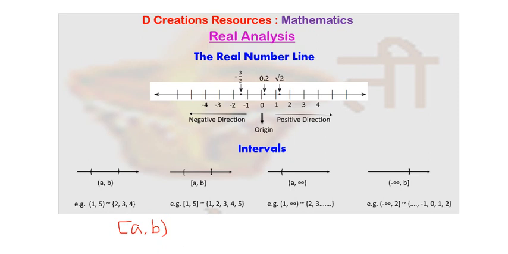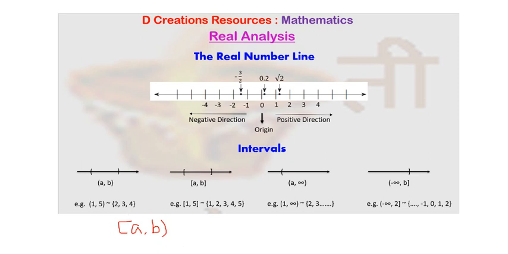Now what about the intervals which are written with infinity? So far, whatever intervals we talked about were all finite intervals. But then there are infinite intervals. You can see two examples here. a, infinity, lying between two round brackets, means all the numbers which are greater than a are going to be part of this.